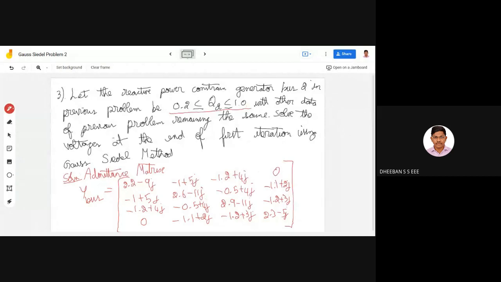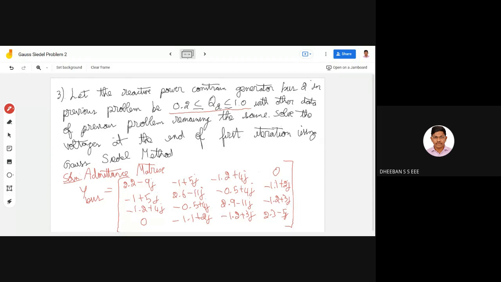So in the previous case, whatever we had done, starting from the admittance matrix formation and calculation of your Q2, everything up to that will be the same step. But after that, we'll see how we approach it.